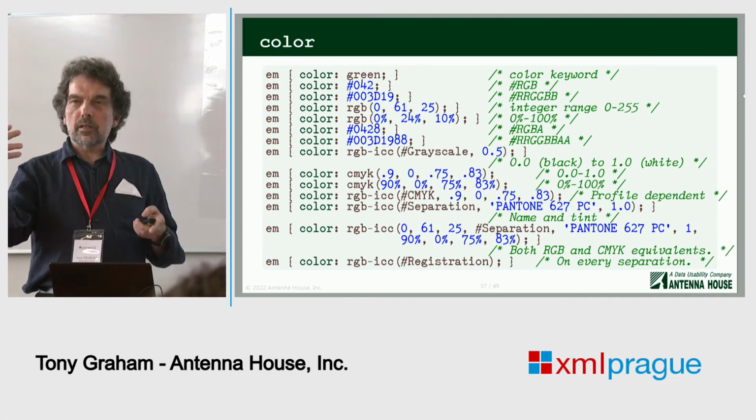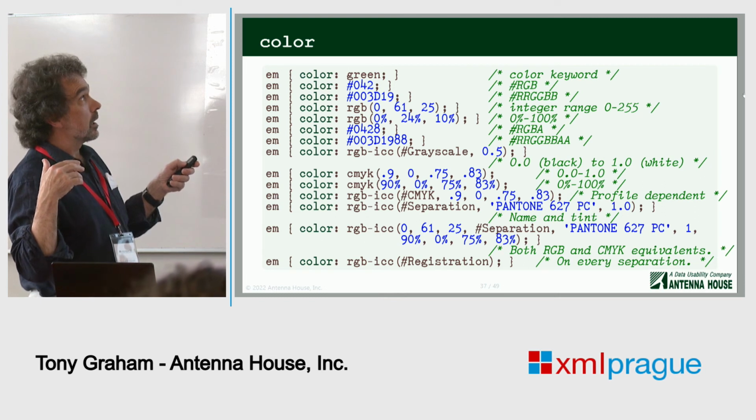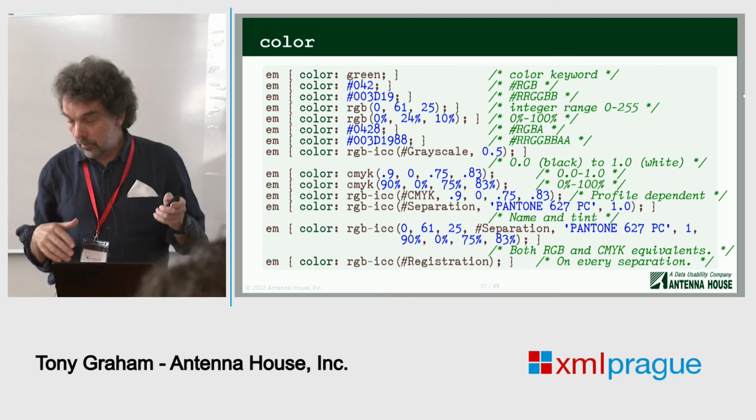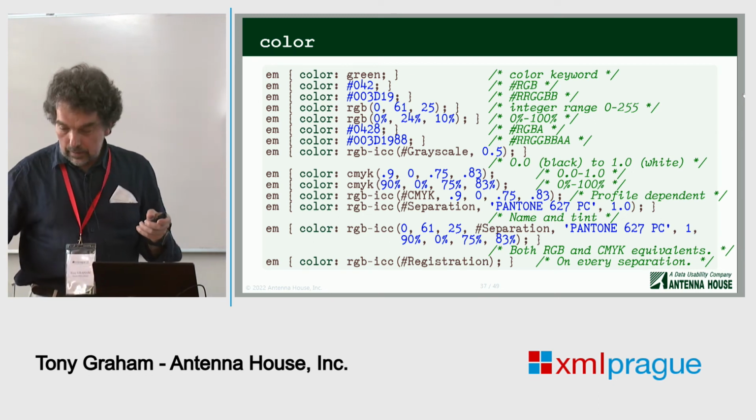There's multiple ways of specifying colors in CSS. There's, of course, the color keywords. You can specify them as RGB components.